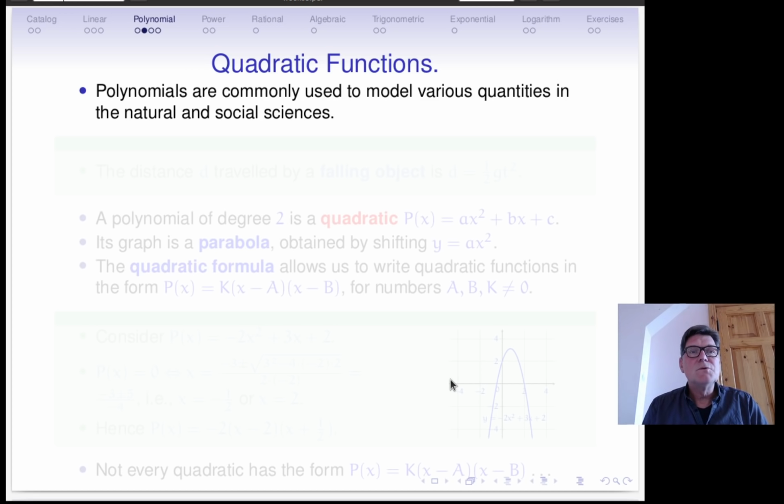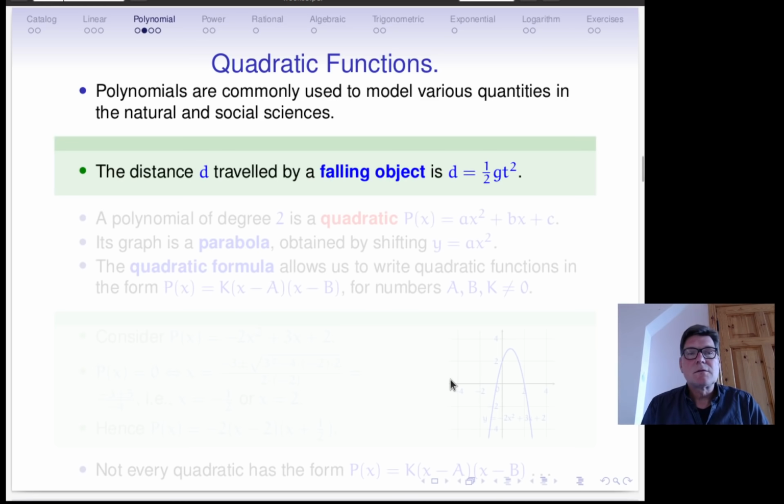Polynomials are used quite often to model quantities in a science setting, natural or social sciences, like Newton and apples. The distance d traveled by a falling object in terms of time is given by the formula d is 1/2 gt squared, where g stands for gravity.